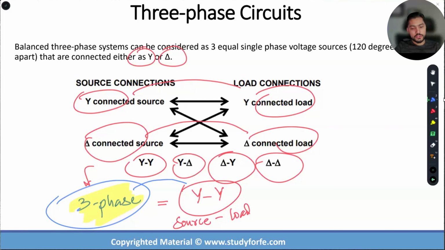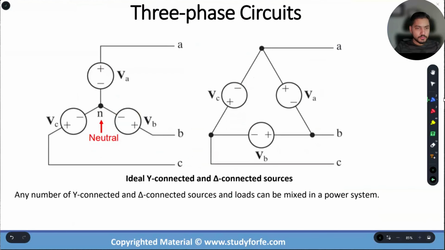So how do we go about dealing with the Y configuration, the delta configuration? It all starts with, first of all, identifying what's given to you. This is how a Y and a delta look like. In a Y configuration, you have a neutral that is accessible. I'm going to re-emphasize this.